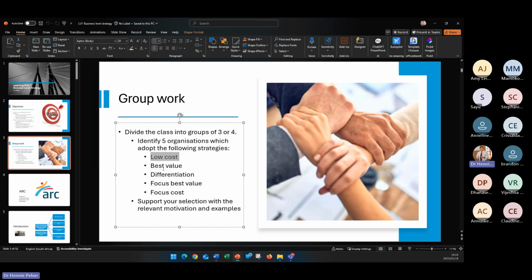So for me, a best value vehicle, Toyota always fits that kind of niche. In terms of focus best value, I would imagine that it would be the slightly more upmarket Renault vehicles.